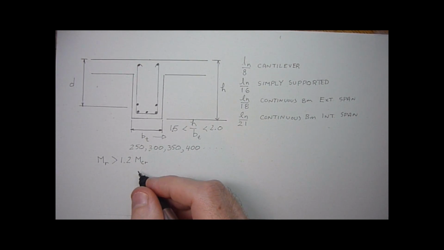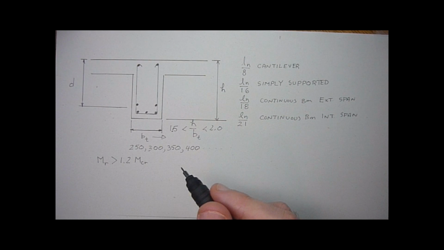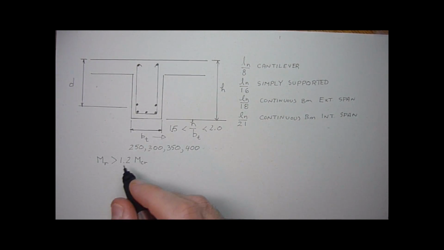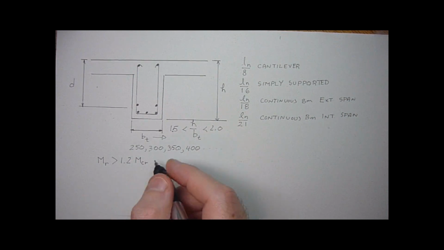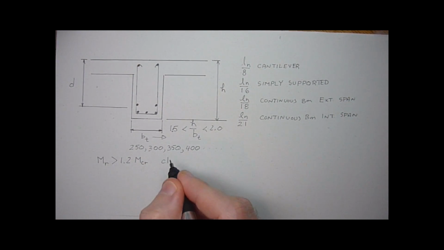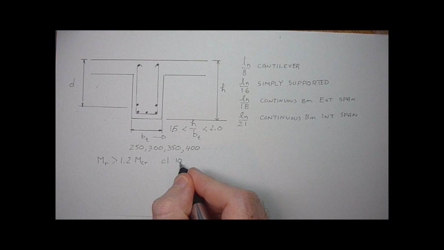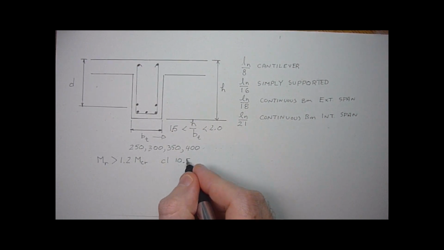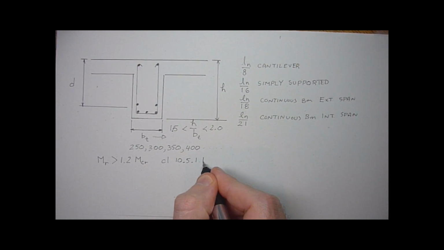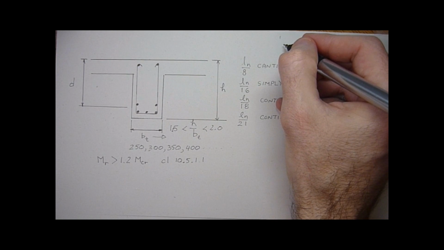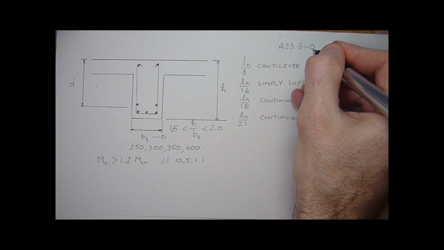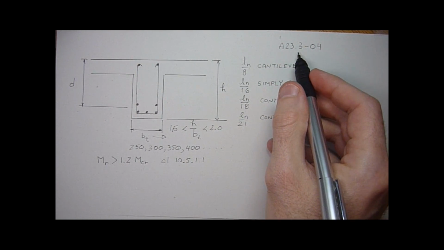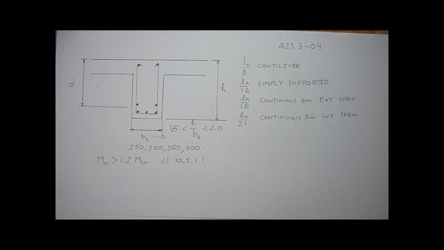We've talked about the cracking moment in previous tutorials, how to calculate it. So that gives an indication of minimum area of steel. And that'll be found in clause 10.5.1. This is the A23.3-04 Canadian standard for reinforced concrete design.